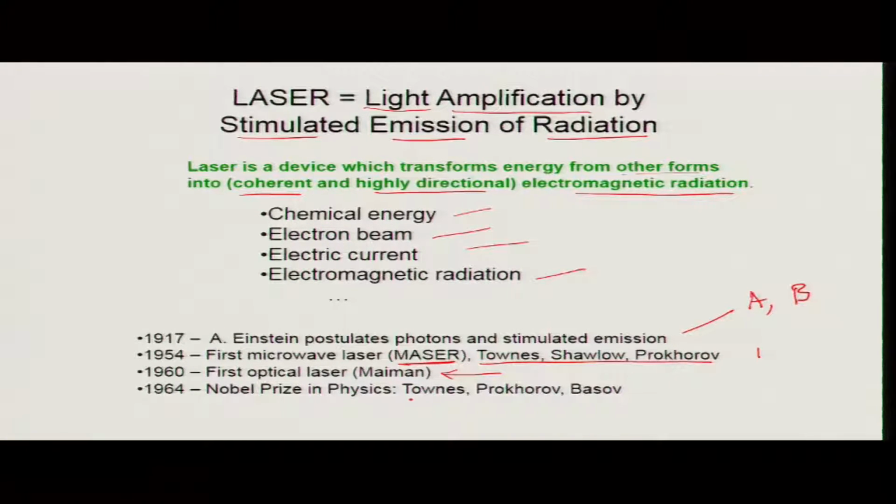Though the Nobel Prize was given to Townes, Prokhorov and Basov for the demonstration of the principle of this entire process, that is maser, in 1964, Maiman eventually got the patent after a long battle on the laser, and the laser patent is held by Maiman.